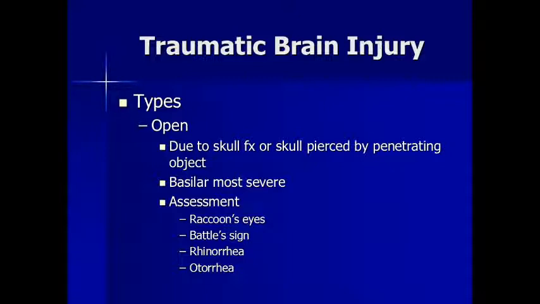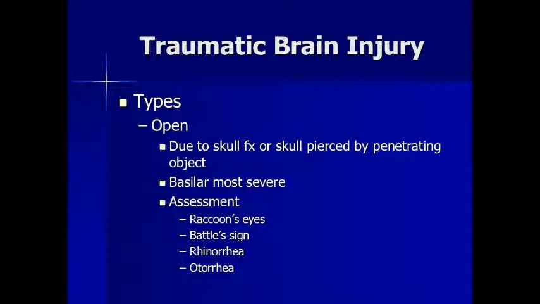An open brain injury or traumatic brain injury occurs when an object pierces the skull, enters the brain, and damages the soft brain tissue, or when blunt trauma is so severe that it opens the scalp, skull, and dura to expose the brain. So let me repeat it.